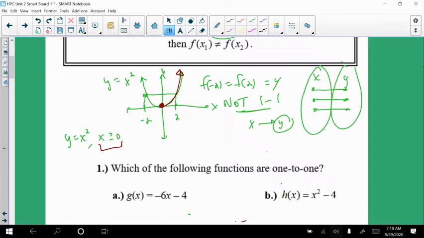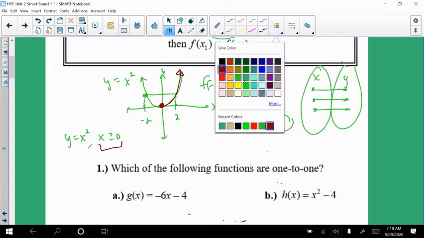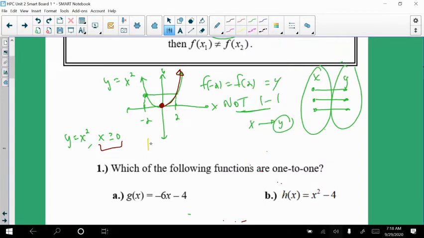Now, there is a test too, similar to the vertical line test. The vertical line test allows us to draw a vertical line to see if it's a function, but then there's also a one-to-one function test, which is the horizontal line test.